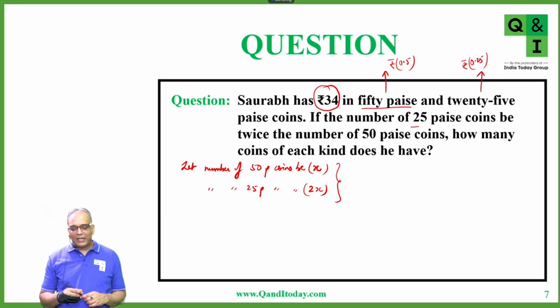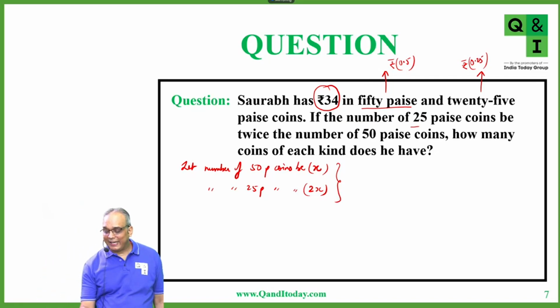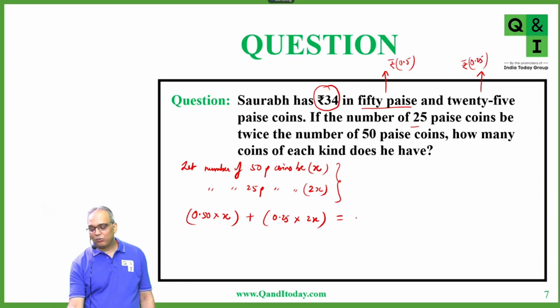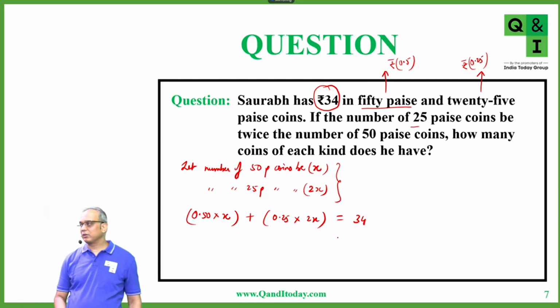So if the number of 50 paise coins is x, the value in rupees will be 0.5 into x plus, 25 paise coin means 0.25 into 2x, and the total amount which you have is rupees 34. So you will equate it to 34.